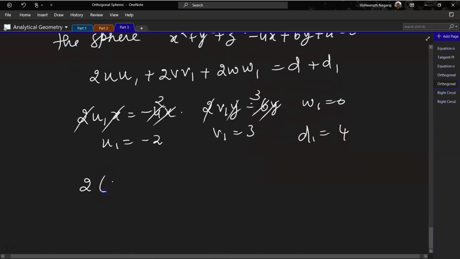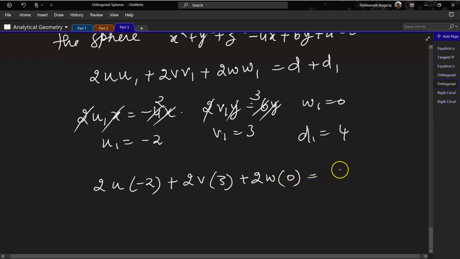Let's take it step by step. 2u u1, that is minus 2, plus 2v v1, v1 is 3, plus 2w w1, that is 0, is equal to d plus 4, d1 plus d2.